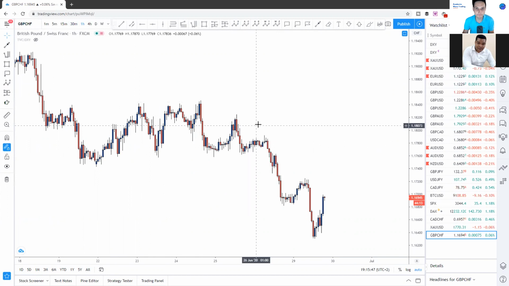The first thing is the setup on TradingView.